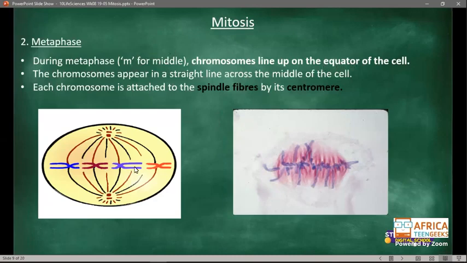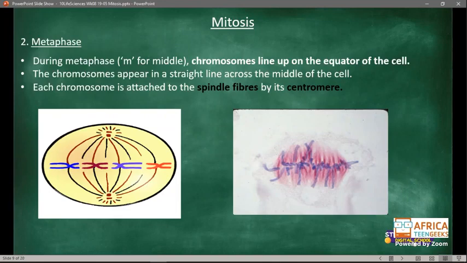Your other textbooks might call this equator the metaphase plate. So during metaphase, chromosomes line up on the equator of the cell, and these chromosomes appear in a straight line across the middle of the cell.